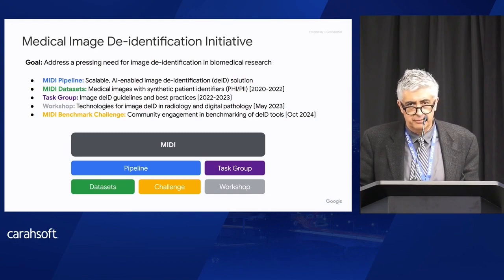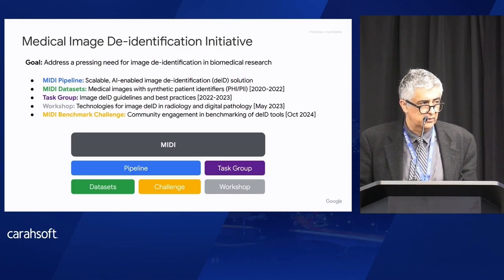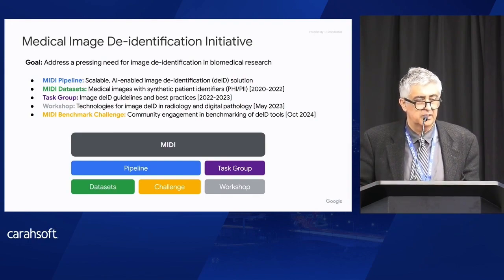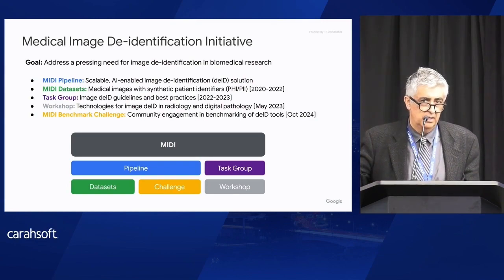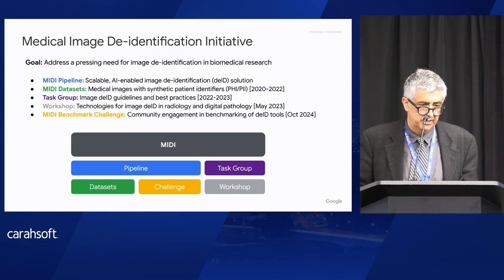We brought in about a dozen experts from academia and some from professional scientific societies in the area of medical imaging to make recommendations for image de-identification and best practices in the context of sharing data at the national level and through repositories such as the NCI Imaging Data Commons and otherwise.